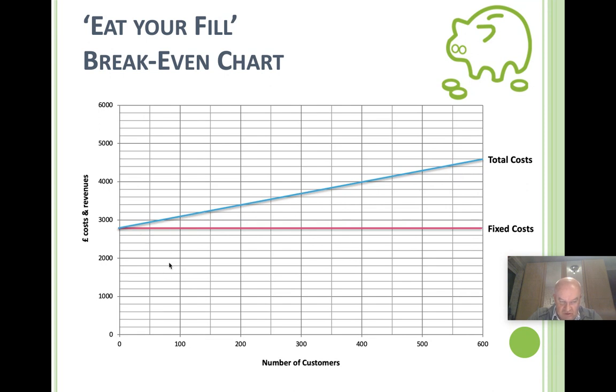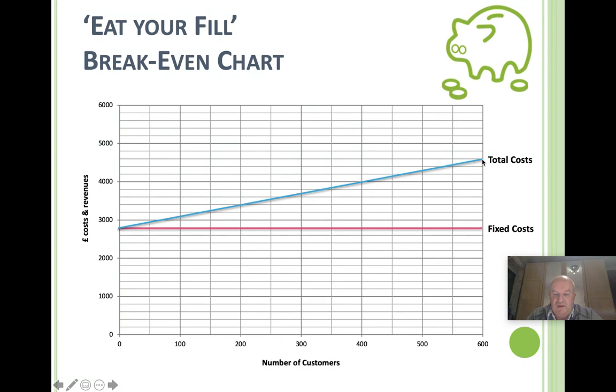So as we start to increase the number of customers, each of those customers has a variable cost of £3. So the difference between our fixed cost line and our total cost line is £3 per customer each time round. So you can see that at 600 units, which is our total output, we are at a figure of, just trying to calculate it myself, £4,600.